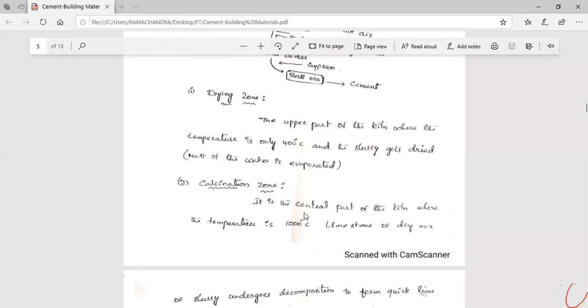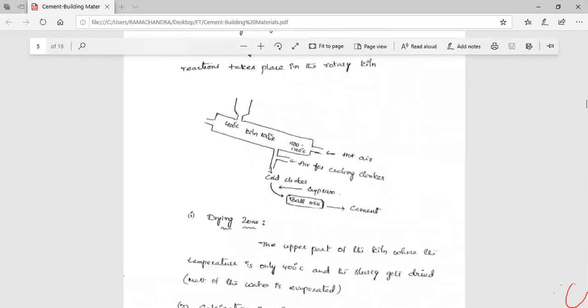It is the central part of the kiln. So we are maintaining 1000 degrees Celsius as the temperature, which is the center part of the kiln.